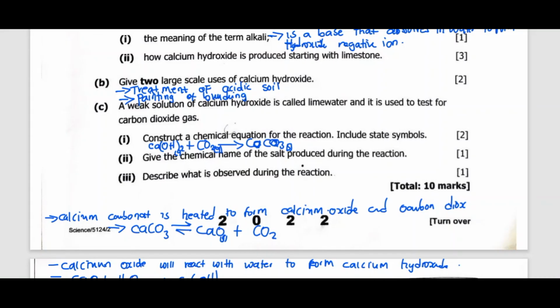If these two react, we get calcium carbonate plus we are also going to have water. So we need to have water. Then let's check, is it balanced? So the equation is balanced.